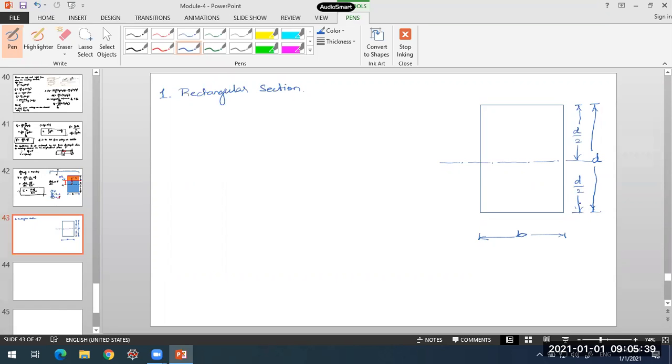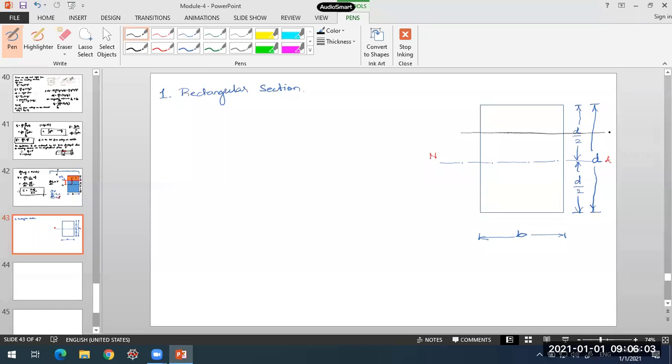For a straight section, neutral axis coincides with the centroidal axis. So this is my neutral layer or the neutral axis where the bending stresses will be zero. It will not experience any kind of bending over there. Now to determine the shearing stress, let us take one section over here.